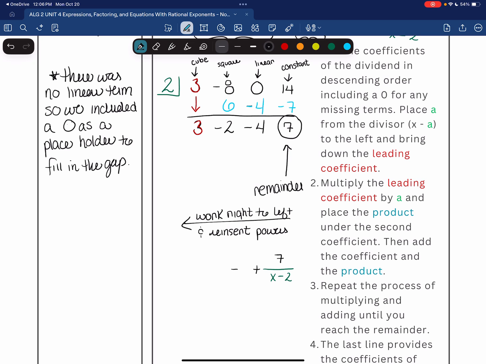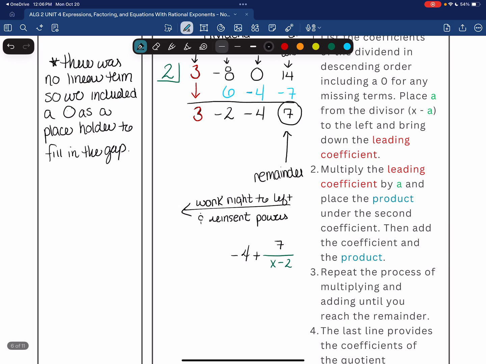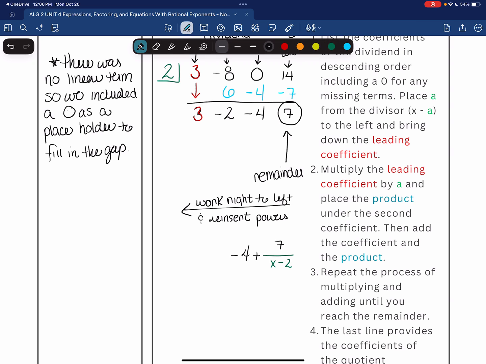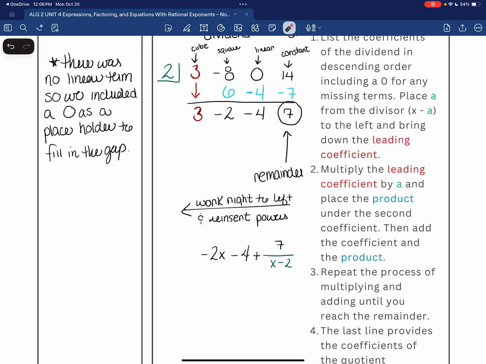The -4 is your constant, no variable associated with it. Then when you increase the power by 1, what's something 1 greater than a constant? That's the linear term. So that would mean I have -2x.